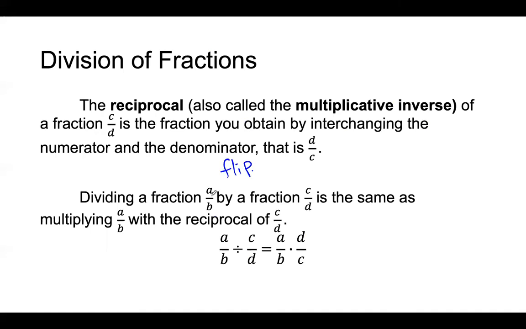So when dividing a fraction A over B by a fraction C over D, we just multiply A over B with the reciprocal of C over D. So I've seen it different ways, like A over B divided by C over D. Sometimes we multiply these together and these together. So you see the C over D is flipped here.